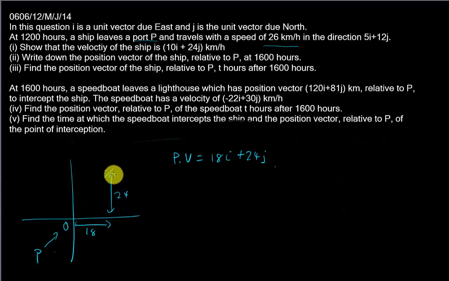So this is my position vector, 18i plus 24j. It must always be relative to the origin. In this case, I assume the origin is P. In all the questions, when you see the question write something like relative to P, it means they calculate from the port P.